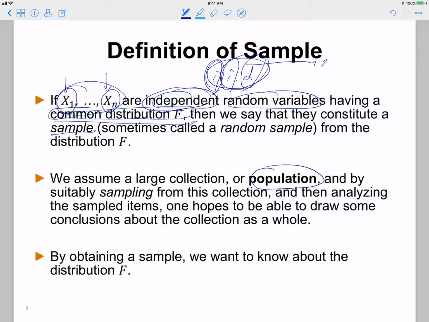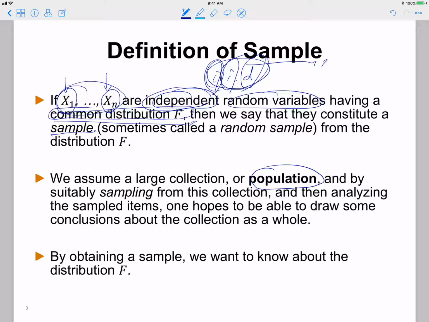In order to have the exact ratio, we should count all of the people living in the world, right? But in practice, it's not possible. Such an entire set is called the population.